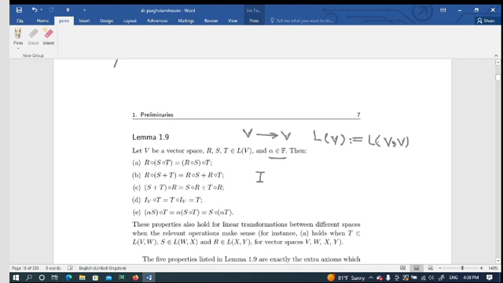So when we say I_V, this is an operation, a transformation on V such that this is identity. So I_V of x equals x.